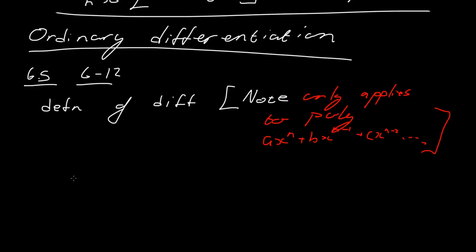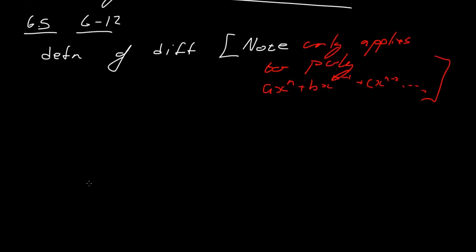So the definition they give you here is essentially the formula for differentiating a term of a polynomial. I'm going to write all of the important differentiation formulas in purple so they stand out nicely.